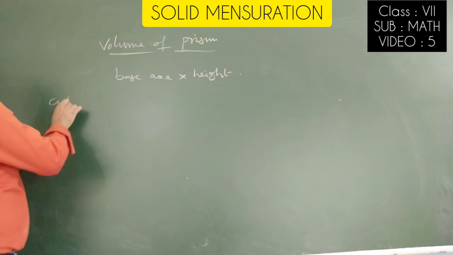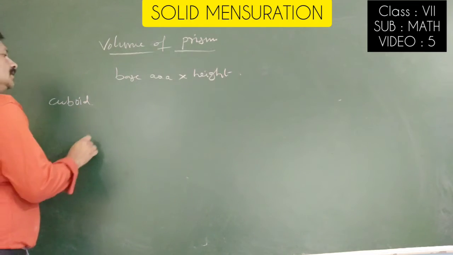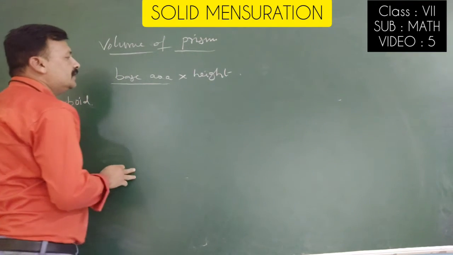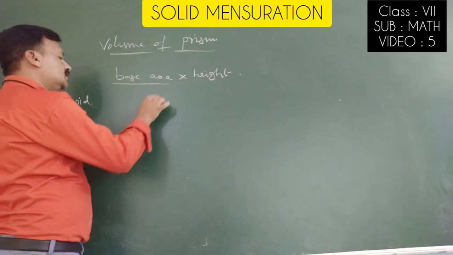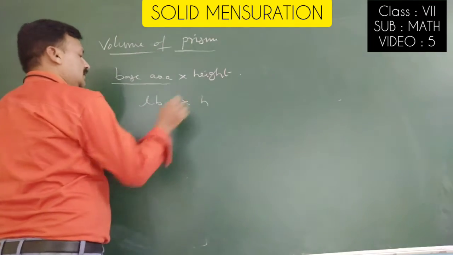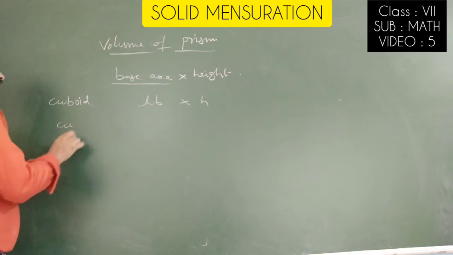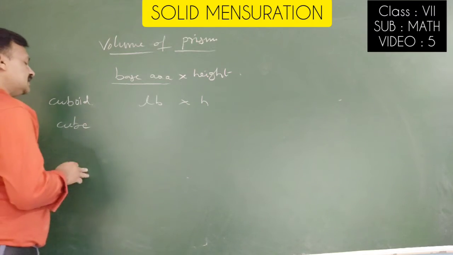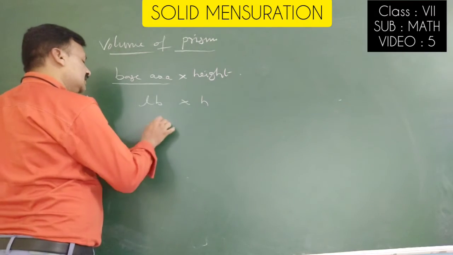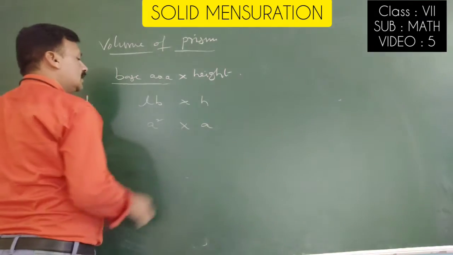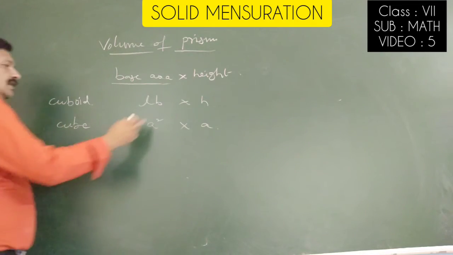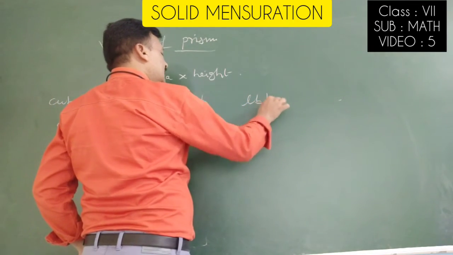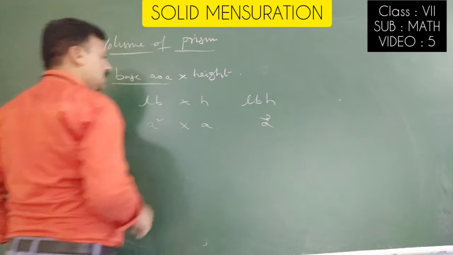In case of cuboid, the base is in the shape of a rectangle, that's why LB into H. In case of cube, the base is a square, so A square into height, which is also A. So here the volume is LBH, and here the volume is A cube.